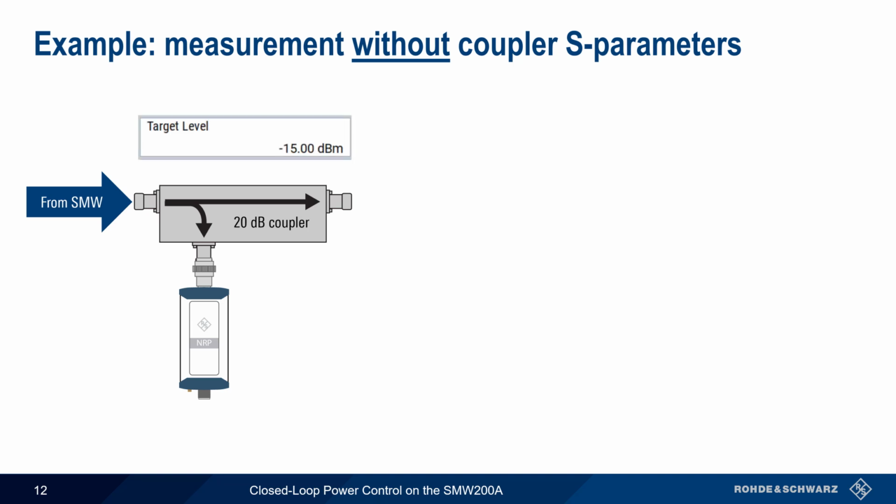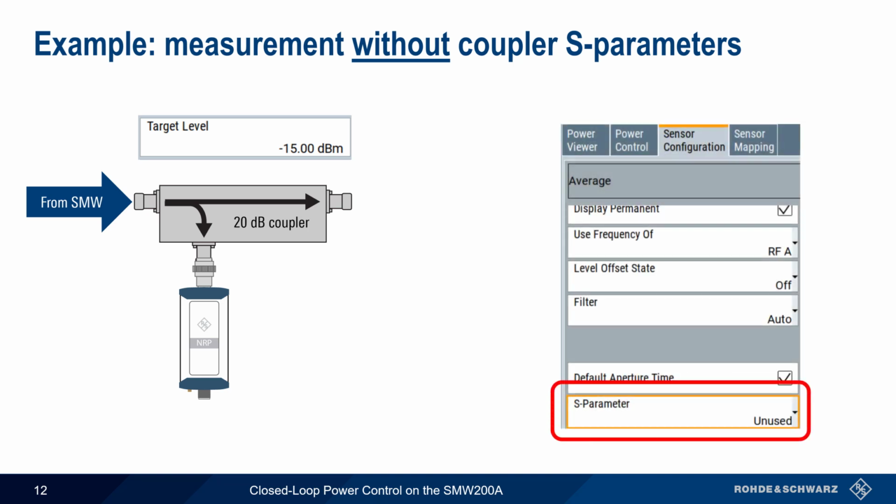Next, we set the target level to -15 dBm and do not specify the use of an S parameter file. In this case, the sensor would read the target level of -15 dBm when the SMW output is set to +5 dBm, and thus the power at the DUT would also be +5 dBm, assuming a coupler with typically low mainline loss.